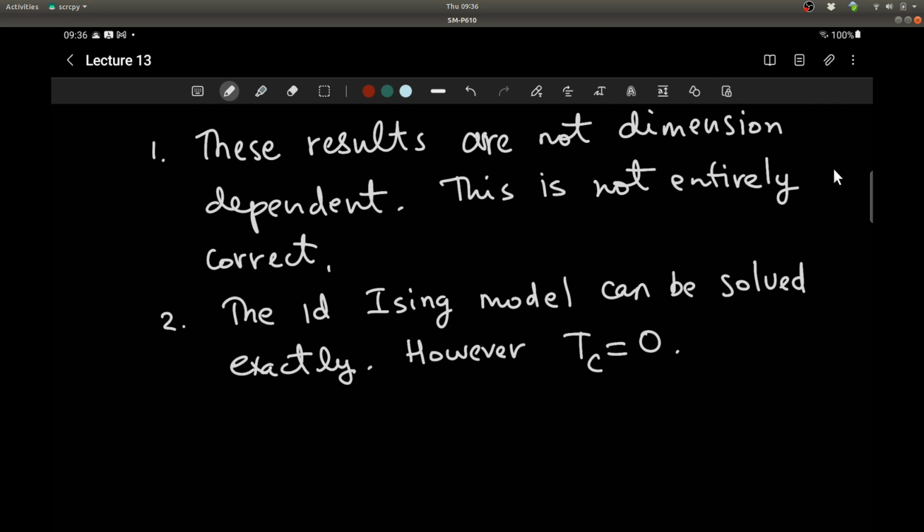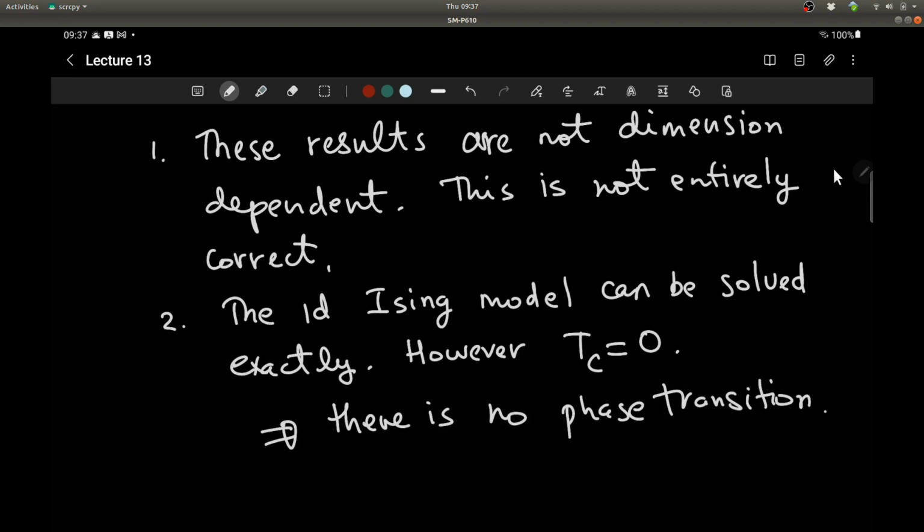If Tc is 0, we know that as T tends to 0, all systems go to their ground state, so there is no phase transition really. So in the 1D Ising model, there is no phase transition.